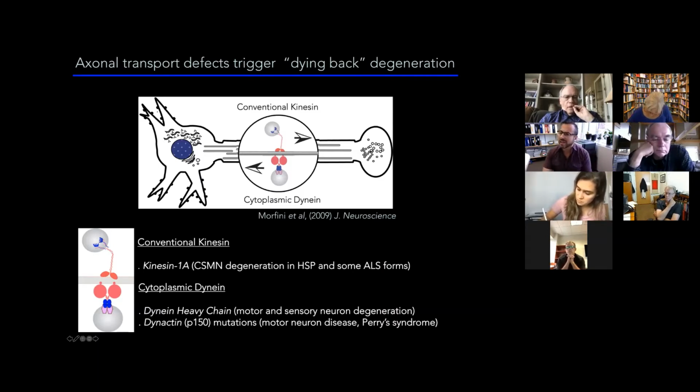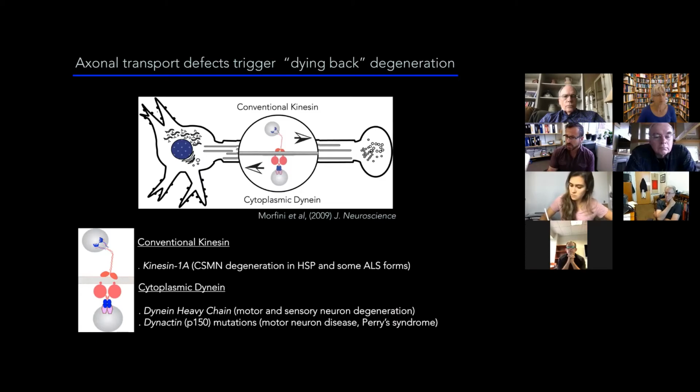This is not to say that this is precisely ALS, but the take-home message is that even small alterations in the composition and function of these motor proteins can suffice to promote degeneration of motor neurons. This was quite interesting because by the time that these mutations were coming up, other people had already observed alterations in axonal transport in the context of ALS.